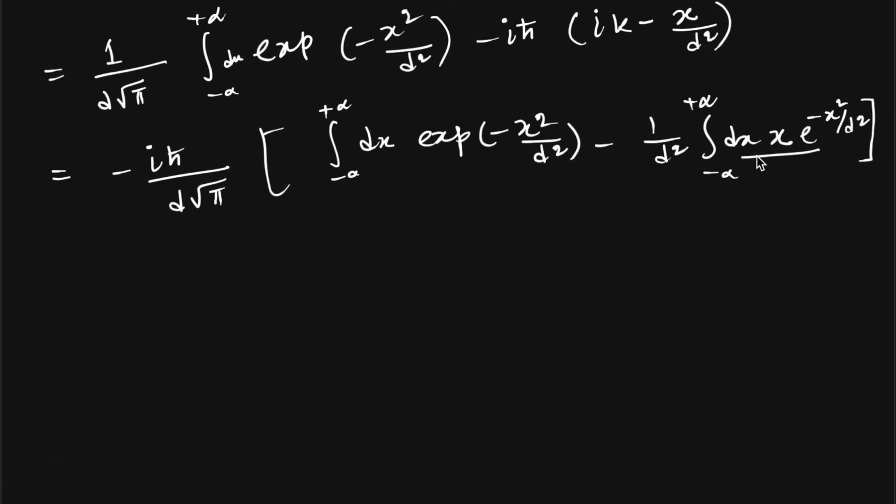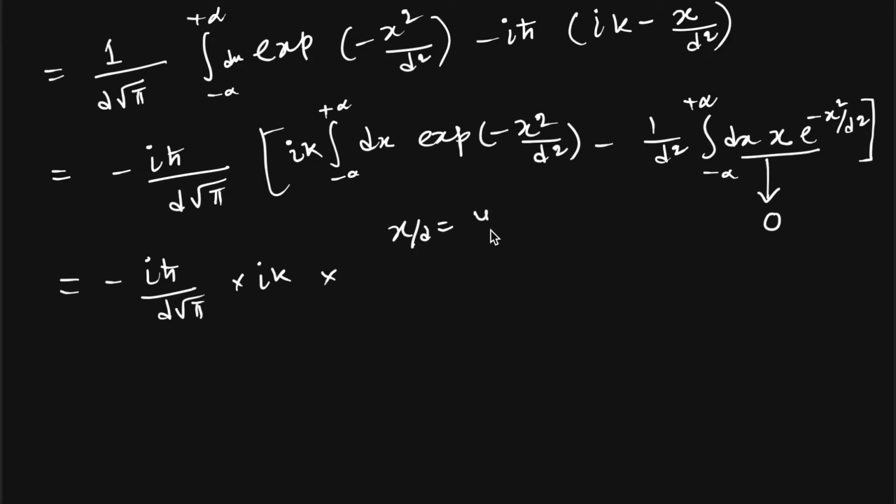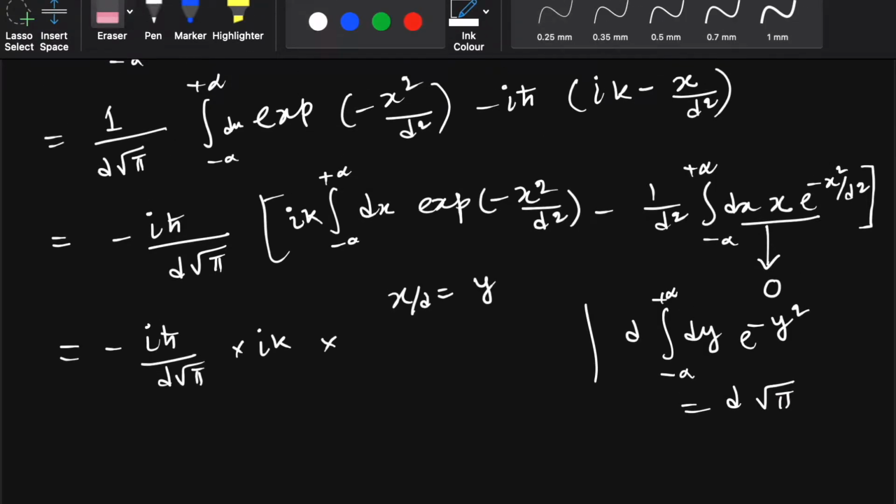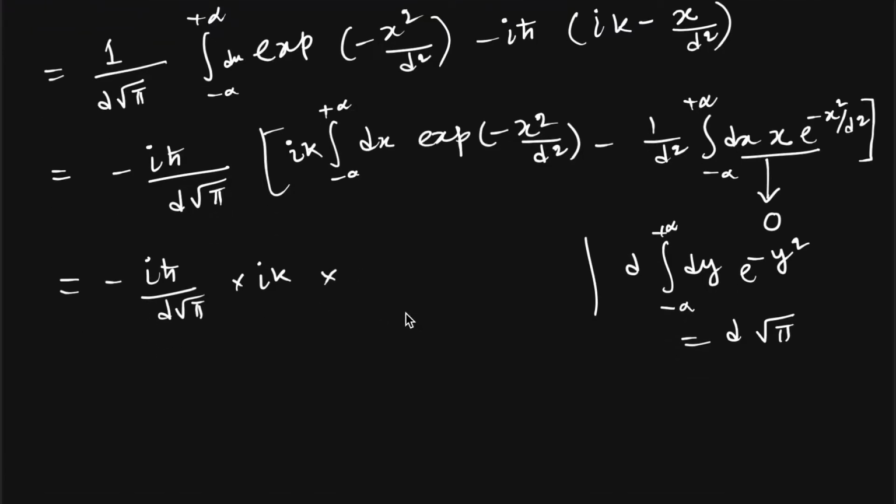Now since this is an odd function, the integration of an odd function from minus infinity to plus infinity will be 0, so that term vanishes. The remaining part gives i h cut by d root pi times i k, and if we change the variable x by d to y, dx becomes d dy, the integral dy e to the power minus y square is a gamma function giving root pi, so d root pi cancels, giving h cut k.